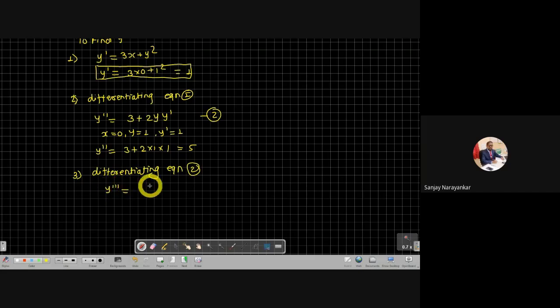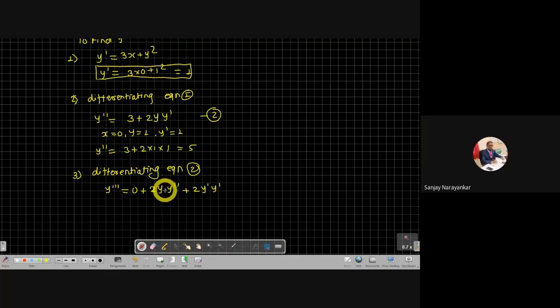Can you help me out? Just tell me the value. The derivative of this 3 will be 0 plus, here it is the product. Tell me. 2y into y double dash plus 2y dash y dash. Correct? So it's very important.